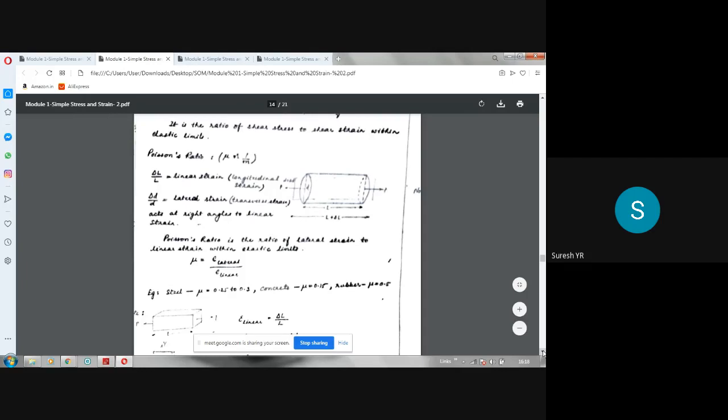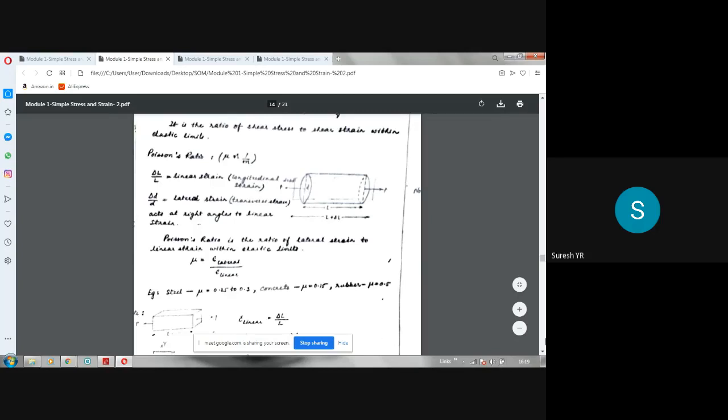If it elongates in the X direction, it will contract in the Y and Z directions. Those other two directions are called lateral or transverse directions. The strain in the lateral direction divided by strain in the linear direction is called the Poisson's ratio.